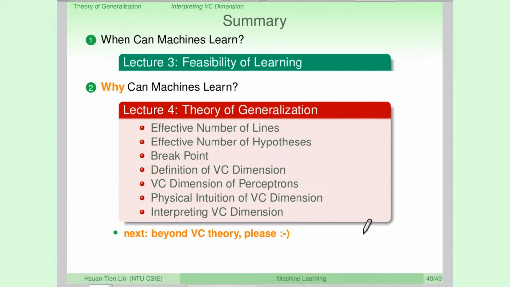We analyzed the VC dimension of perceptrons today, which allows us to complete the perceptron story: that we can do good learning with the perceptrons, of course, if the dataset is linearly separable and if we have enough examples. We said that the physical intuition of VC dimension is the model complexity that we need to pay, which in turn tells us the sample complexity, the number of examples we need if we want to use a particular hypothesis set.